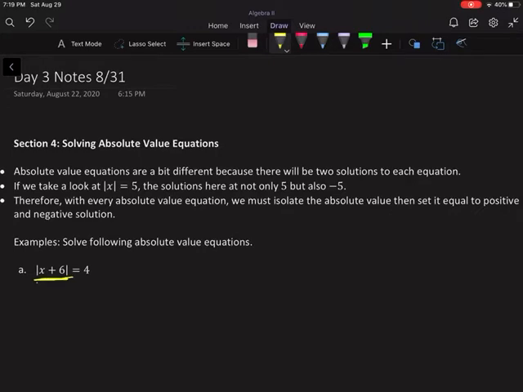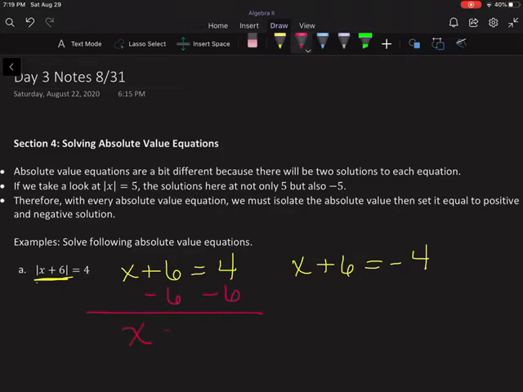So our first example, the absolute value is already isolated. So we would take x plus 6 and set it equal to 4, and we'll also take x plus 6 and set it equal to negative 4. And then just do our typical solving, right? Subtract 6, subtract 6.